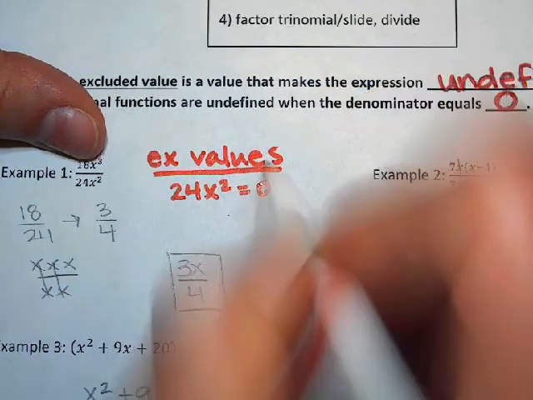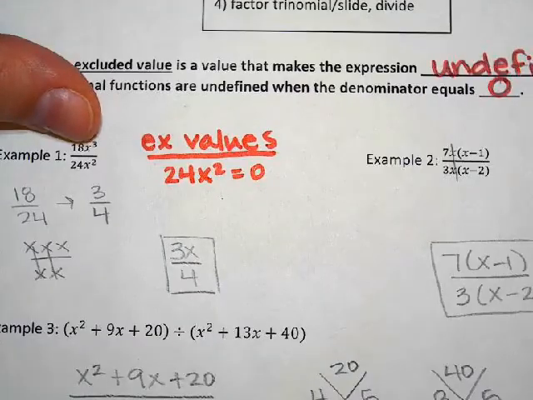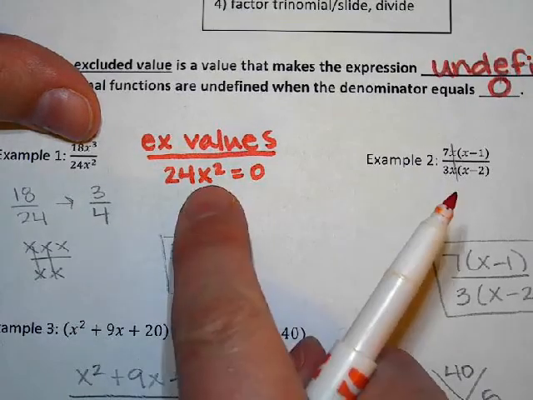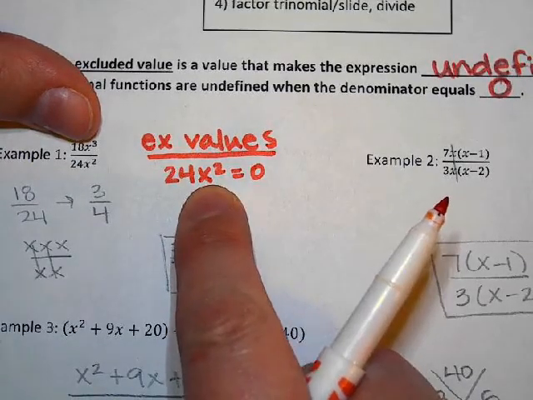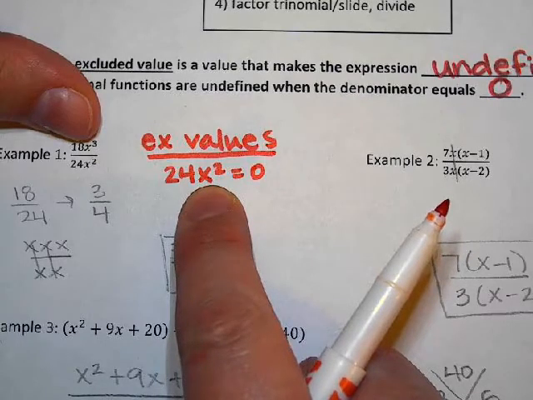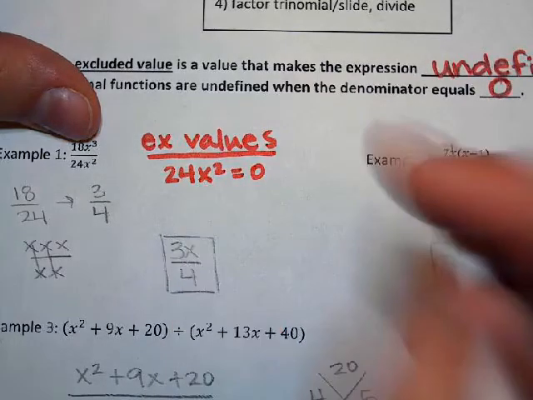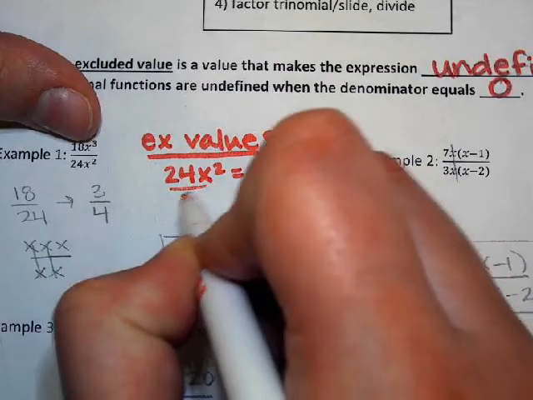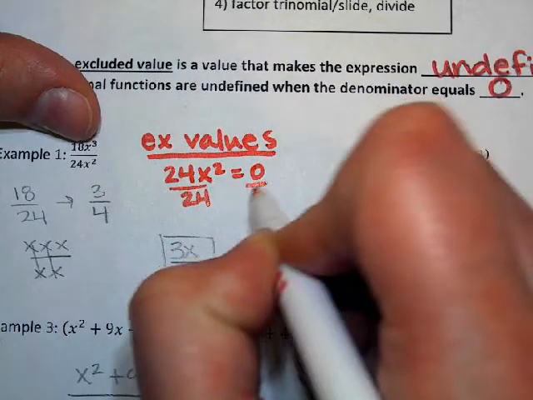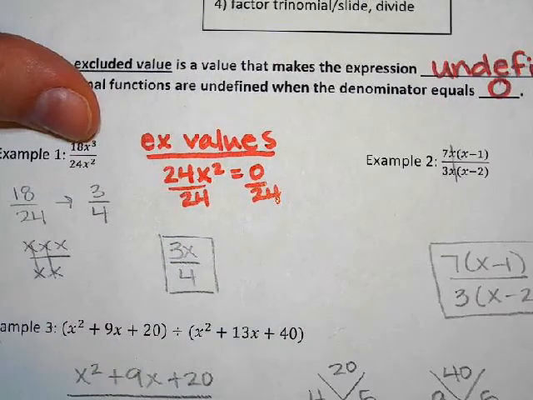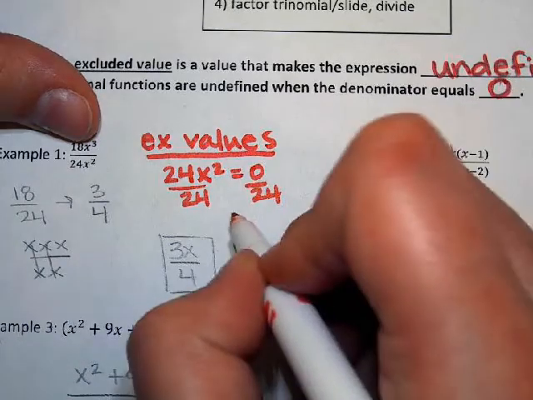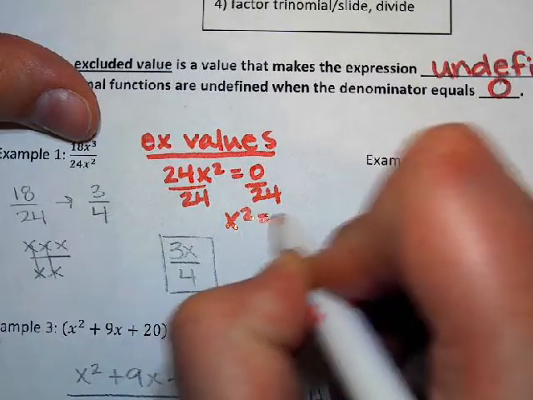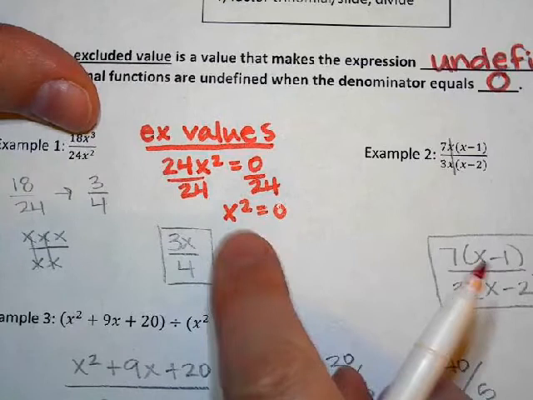And then if we want to solve for x, what do we do first? Divide by 24. What's 0 divided by 24? 0. So then we get x squared equals 0. And if I have x squared equals 0 and I want to solve for x, what do I do?